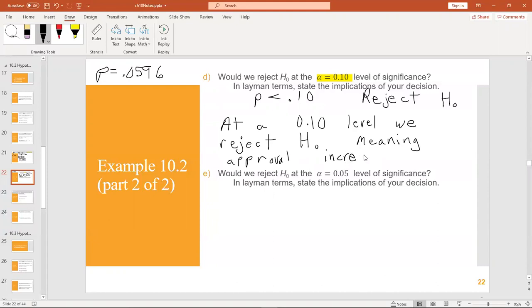That's what we're looking for. When it says stated in layman's terms, this is where you actually can write me a couple of sentences in plain English actually stating what the results are.